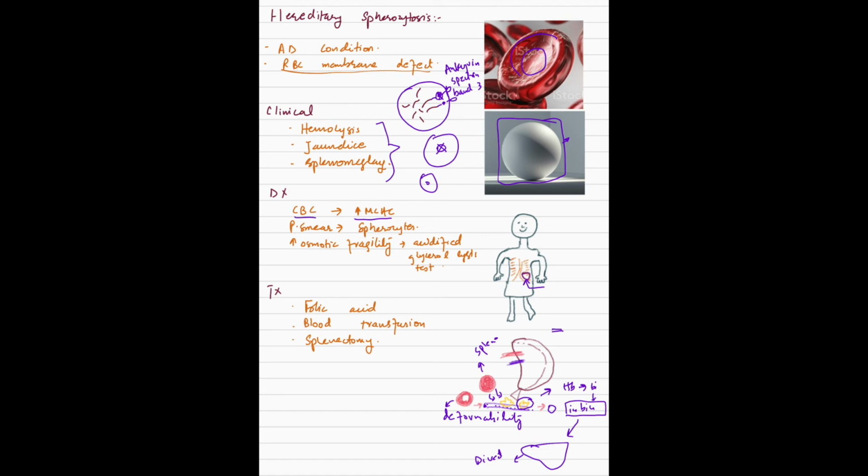That will result in increased concentration of hemoglobin, because the volume inside the cell is the same. We're losing the membrane, so the inside will get more concentrated, so the hemoglobin concentration is going to increase. It will be greater than 36%.